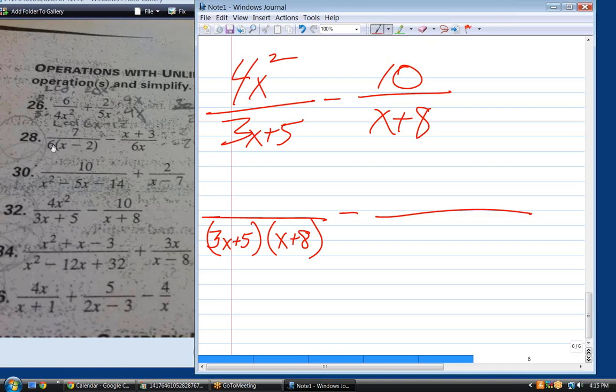I was able to figure out that I didn't need 36. I just needed 6 of it. But in this one, 3x plus 5 has nothing in common with x plus 8. And so a least common denominator happens to be the same thing as a common denominator, which is just the product of them.